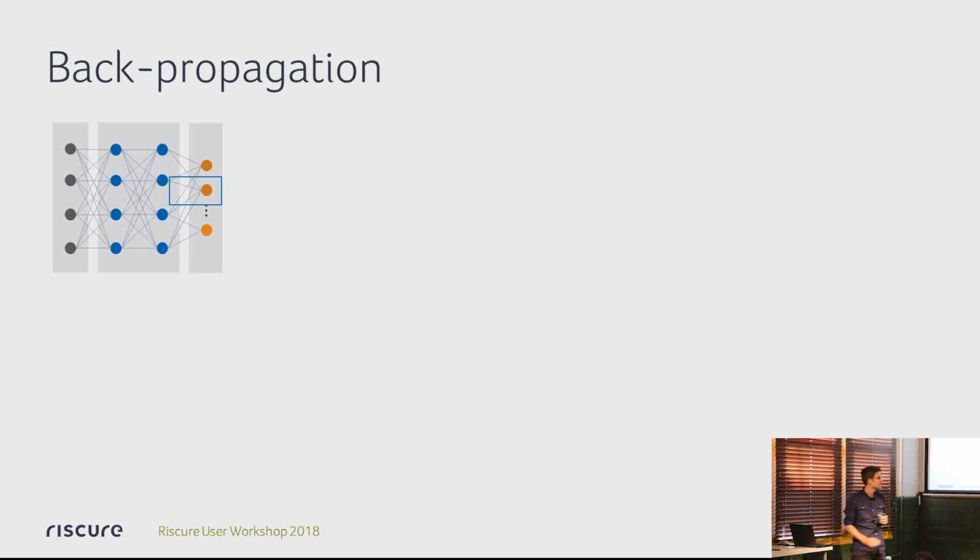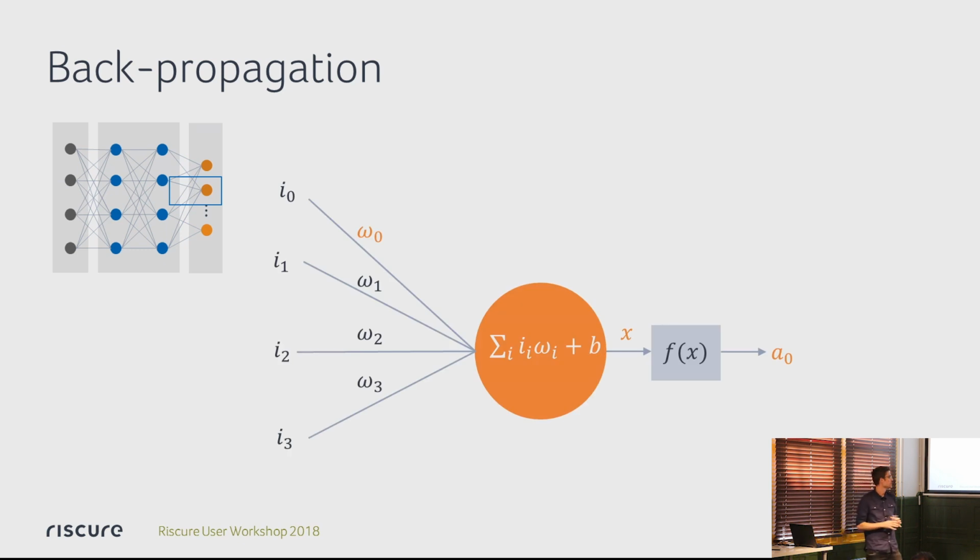Now let's consider the neuron in the output. If we zoom into this neuron, we will see that it is receiving 4 different connections from the previous layer. My I values here are the outputs of every neuron that is connected before. Every connection to this neuron has a weight value. There is the weighted sum, plus a bias value, that defines the value of the neuron.